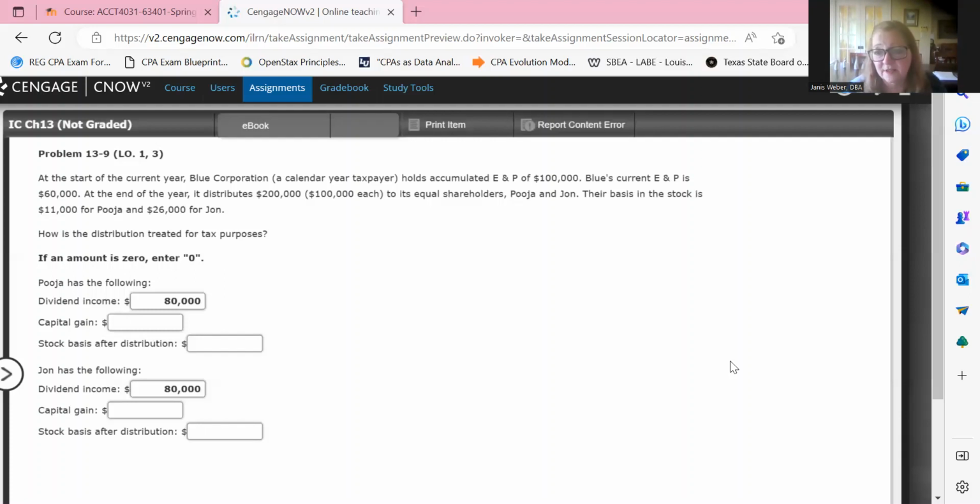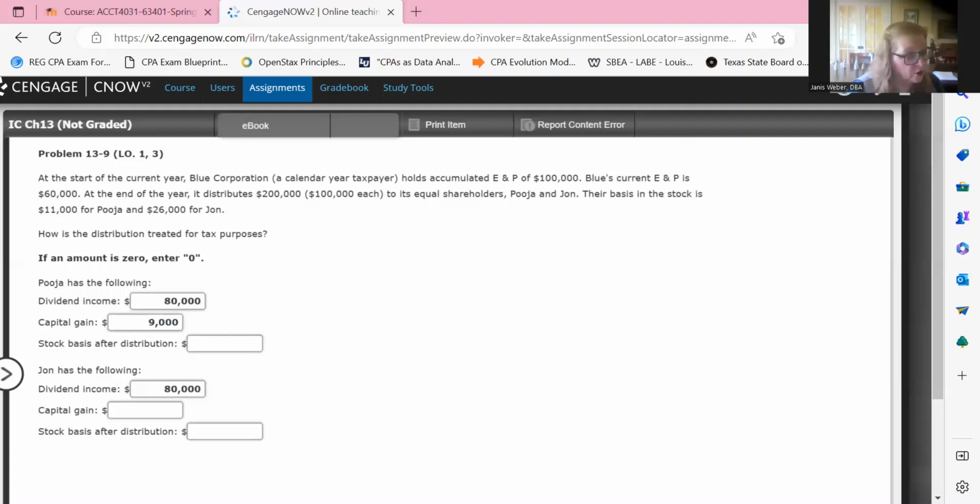This is the part that's going to produce her gain. It's $20,000 we have to deal with, in excess of her E&P, and she's got $11,000 basis. So it's really straightforward. It's just my fingers aren't cooperating. So a $9,000 gain.